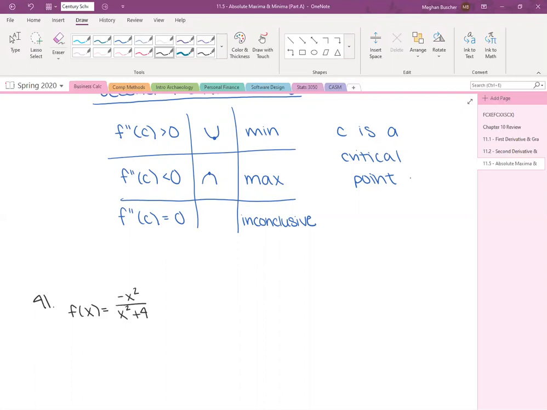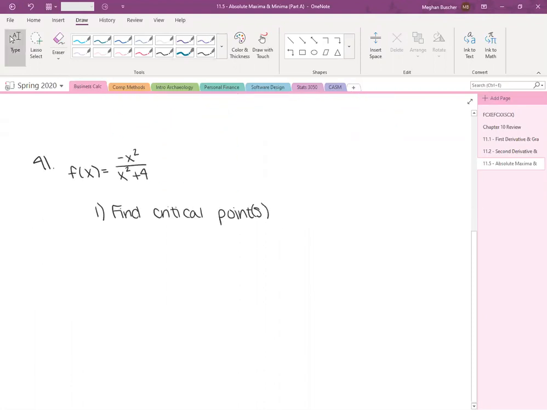So remember, we get our critical points from our first derivative, where our first derivative is undefined or equal to 0. So step 1, find critical points. And I'm going to put points in parentheses because we may have more than one, we may not.